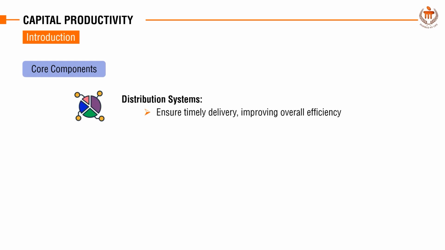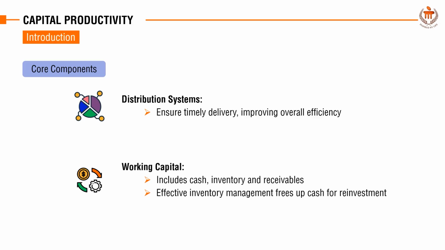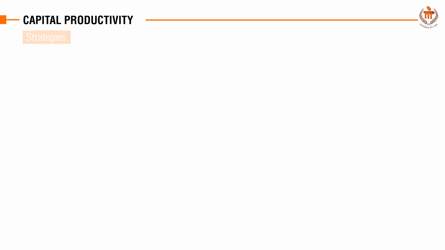Distribution systems are crucial for ensuring timely delivery of products to customers, thus improving overall efficiency. Lastly, working capital encompassing cash, inventory, and receivables plays a significant role in daily operations.